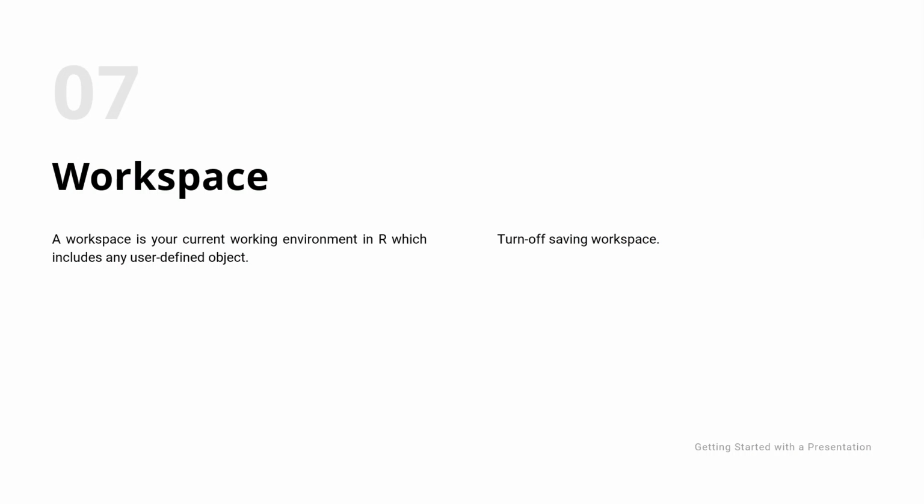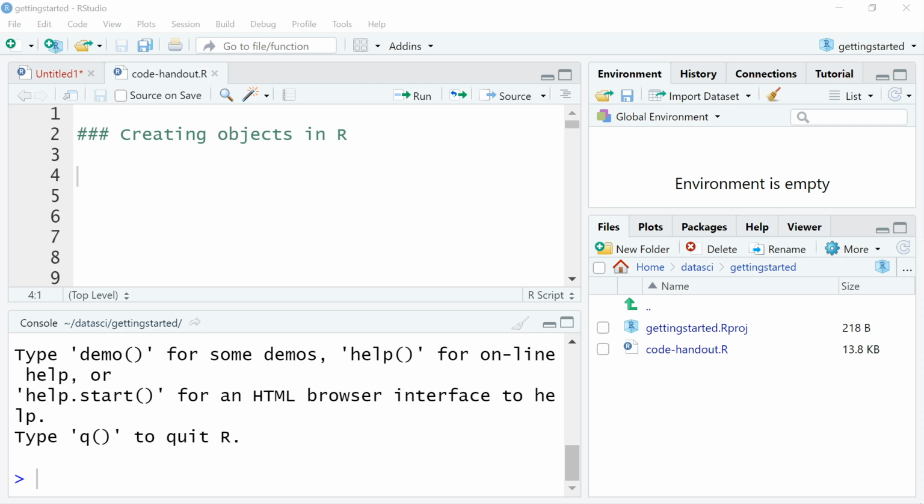Our workspace is our current working environment in R. By default, all of these objects will be saved and automatically loaded when you reopen your project, and we don't want that to happen, so we'll need to turn this off, and I'll demonstrate how to do that. So let's turn off automatically saving this data because it can lead to hard to debug errors by having things loaded in the memory that you forgot you had.